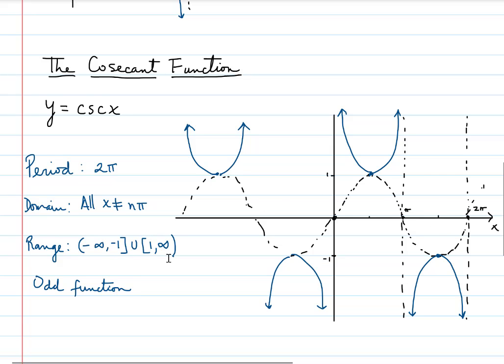So that's why we have two intervals, the union of two intervals here: negative infinity to negative 1, union 1 to positive infinity. Also, just like the sine function, this is an odd function. The cosecant function is odd, since it's symmetric about the origin here. You can confirm that with the graph.